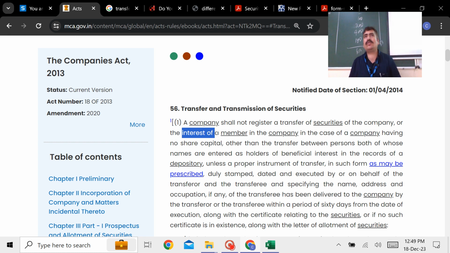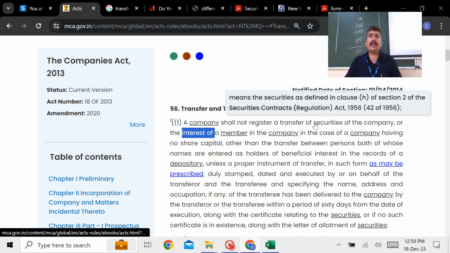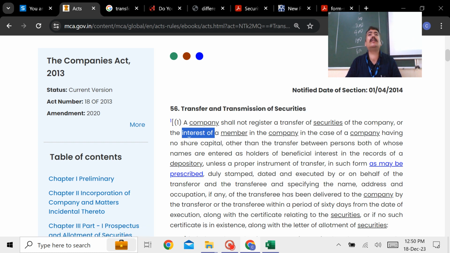But in most cases, guys, it is based on membership fees. Not as share capital, but as what? Membership fees. Lifetime or annual. Depends on the policy. So what if I want to sell my membership to my brother? He's giving me 2 lakh rupees for that company's membership. So over there, I cannot say securities, but I would have to use the word interest. So I'm trying to say this word is used for those companies which are not holding share capital.